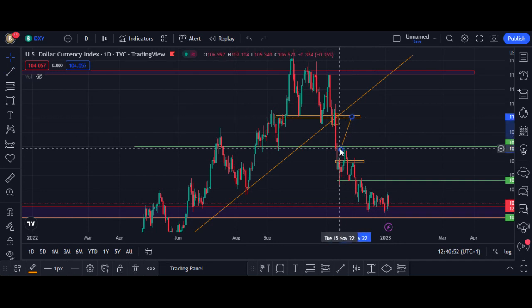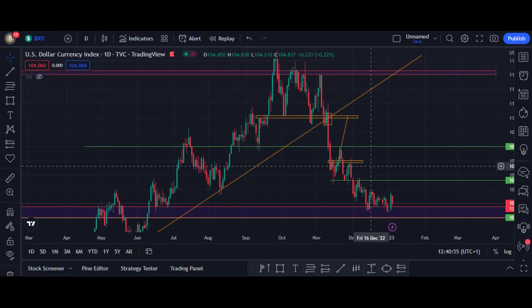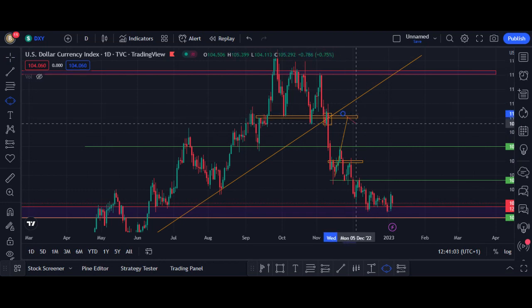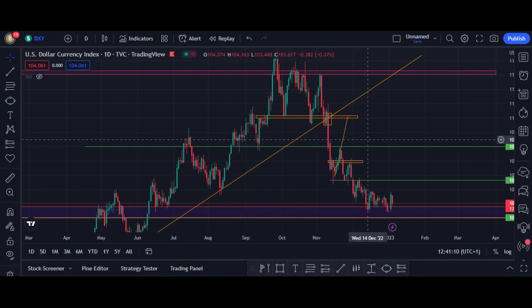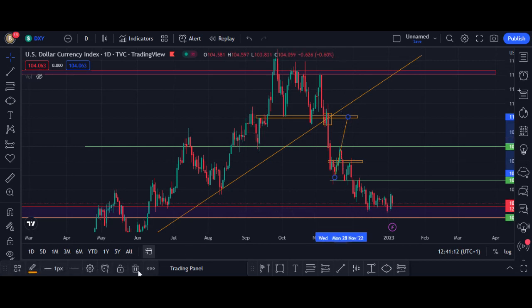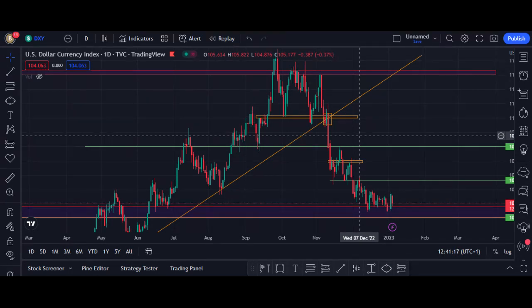So somewhere around here, we are anticipating a pullback of price action back to this neckline. We were anticipating a pullback to this neckline, but unfortunately, we didn't see that pullback, right? So that showed that the bears were so much in control of this market. The dollar was getting weak.